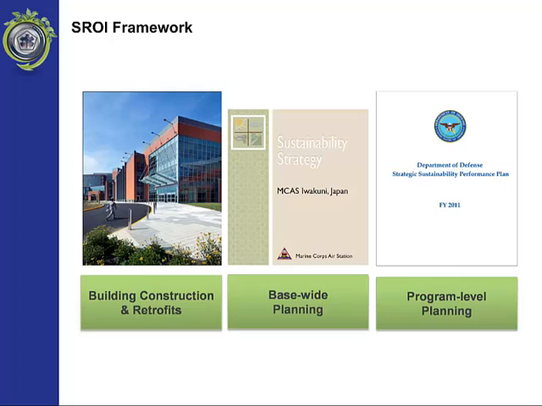SROI ensures that the most effective facility lifecycle management sustainability approaches are prioritized for the project by helping teams to optimize design strategies while minimizing negative social or environmental impacts. Later in this module, a more in-depth explanation of the SROI framework will be provided.